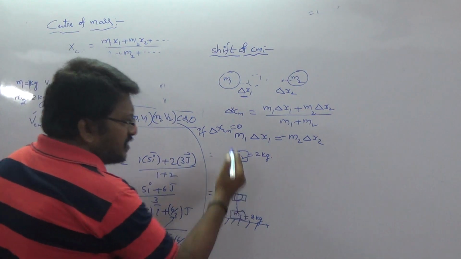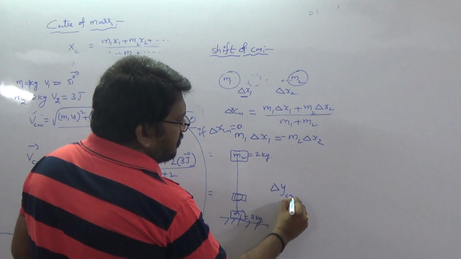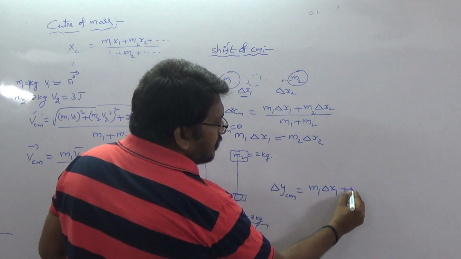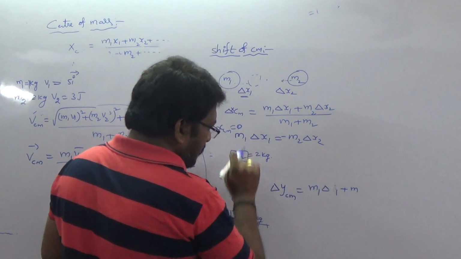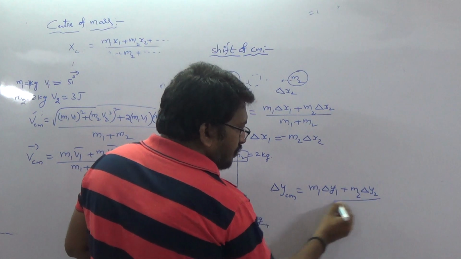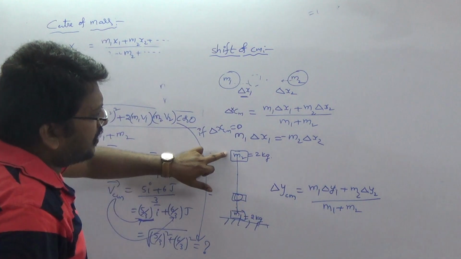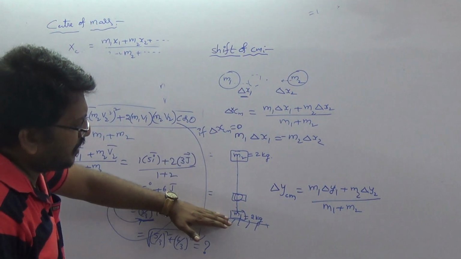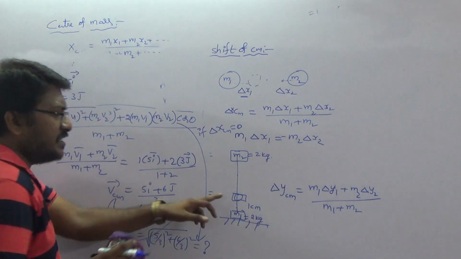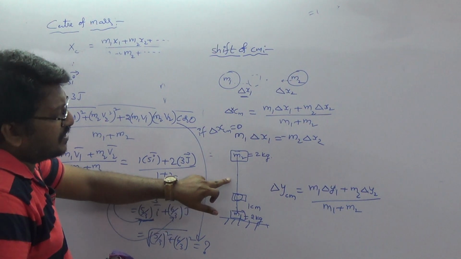The shift of center of mass, delta y CM, is equal to (m1 delta y1 plus m2 delta y2) by (m1 plus m2), because we are taking the y-axis. The second body does not change its position, only the first body rises to a height of 1 centimeter. What is the rise of the center of mass?